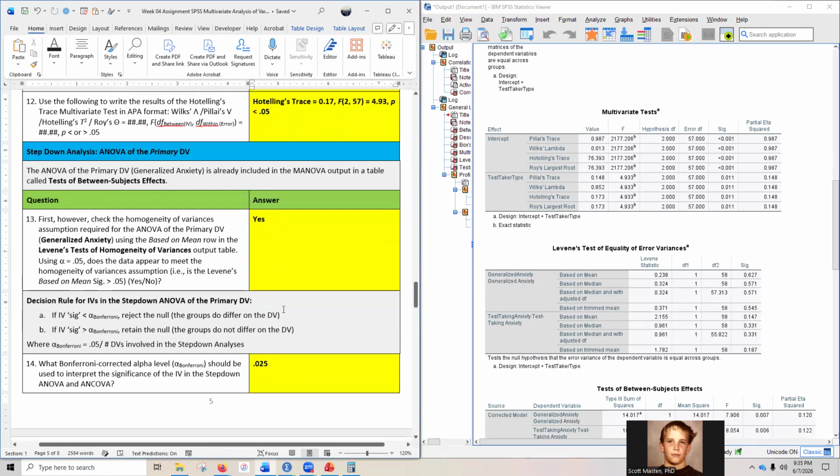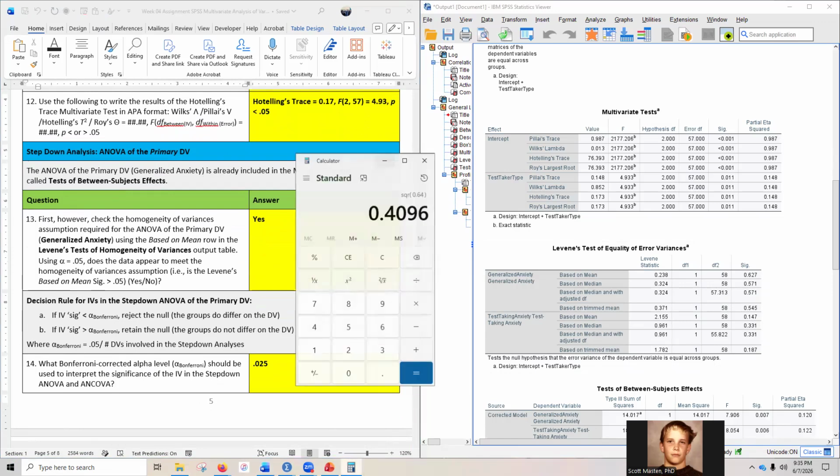All right. So Bonferroni corrected alpha level. Because we're going to be doing multiple tests here, we need to account for type 1 error inflation. And in order to do that, we do something called a Bonferroni correction, or Bonferroni corrected alpha level, in which if we want to maintain a 0.05 alpha level, we need to divide by the number of tests we're doing.